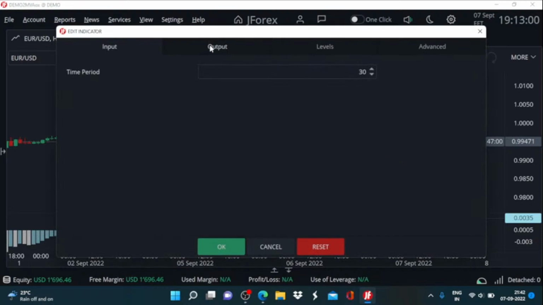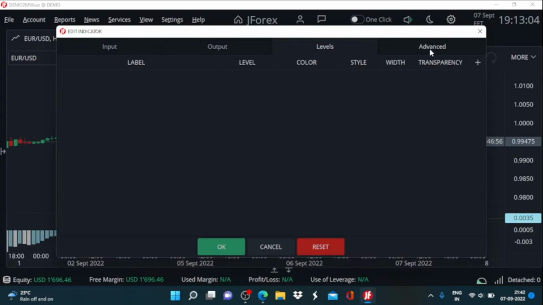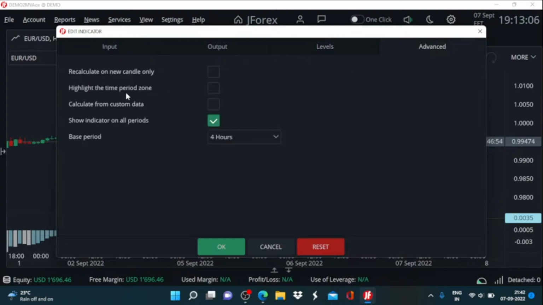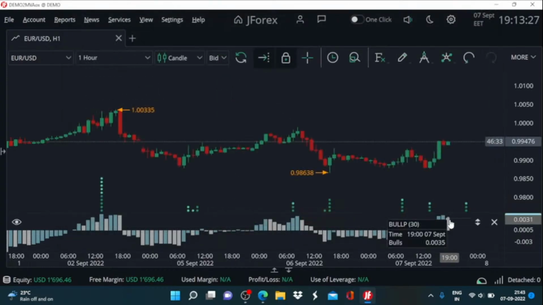Now, again, we see what more options there are. Levels, we don't really have anything on the level side. Coming to the advanced editing options, if we want the output of the current candle to remain constant throughout this current candle's period, if we want the value to remain fixed, then we have to opt in for this recalculate on new candle only, and this output will remain fixed throughout the candle period.